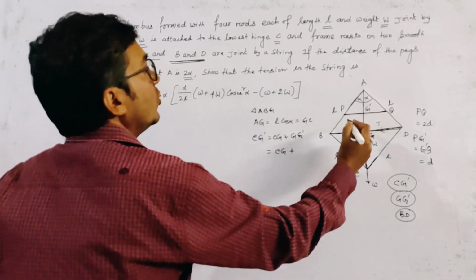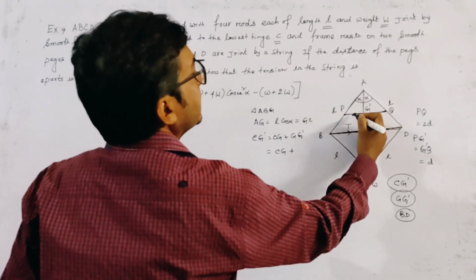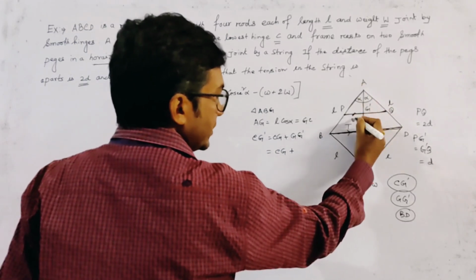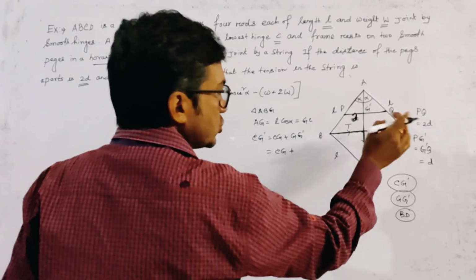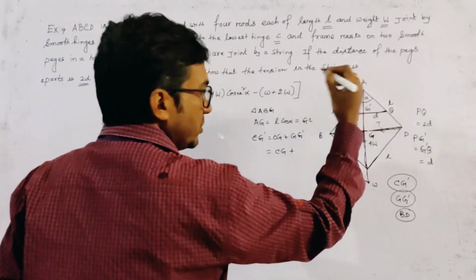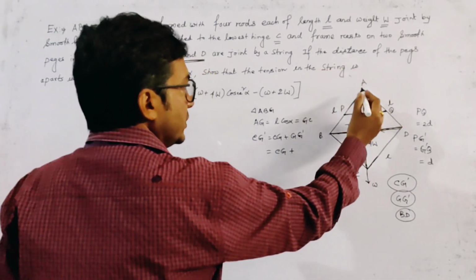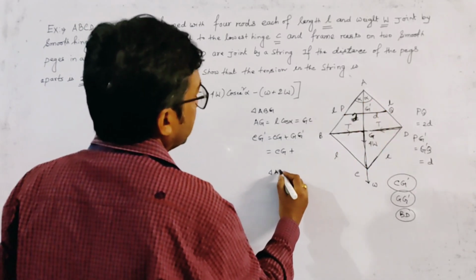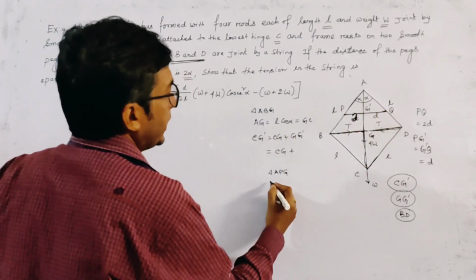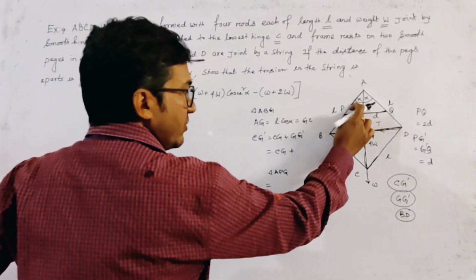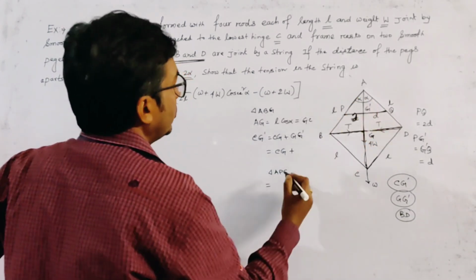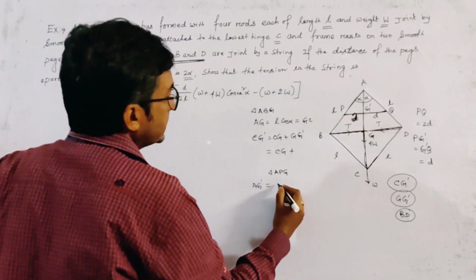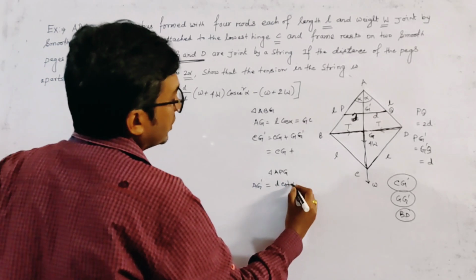What is GG dash? We know that this is given by D. It is given that PQ is 2D, so this is given by D and this is also given by D. So from the triangle APG dash, we write this is alpha, this is the height of the triangle, so we write AG dash is equal to D cot alpha.